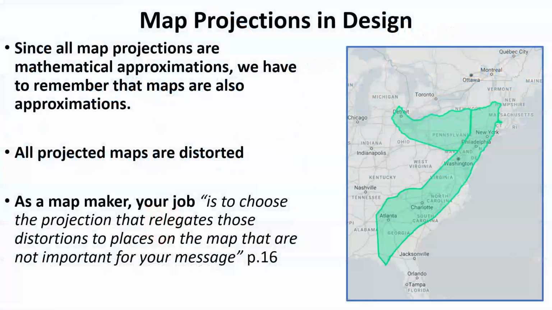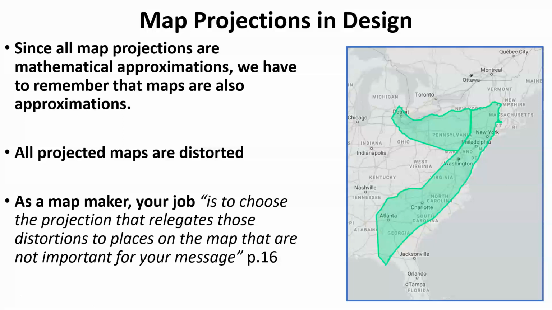As you will have noticed, maps have different shapes and the continents often also look different. One of these issues has to do with projections. Since all map projections are mathematical approximations, we have to remember that maps are also approximations of reality.